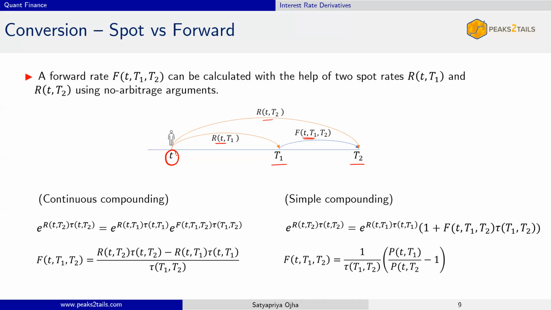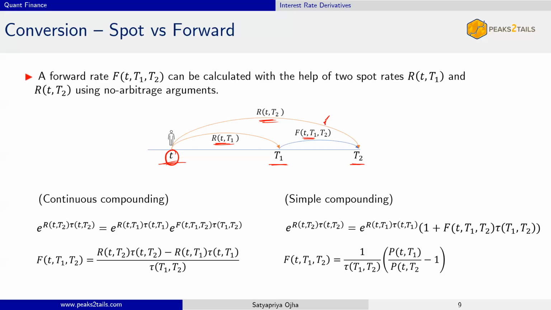The starting period of the spot rate coincides with the observation date. So one spot rate goes from small t to capital T1. That is R(t,T1). Another spot rate goes from small t to capital T2, which is R(t,T2). Now, given these two spot rates, the forward rate is kind of sandwiched between them. You can calculate a relation between these three quantities based on no arbitrage arguments. Okay, it's quite simple, very, very simple. So let's see how we do it.